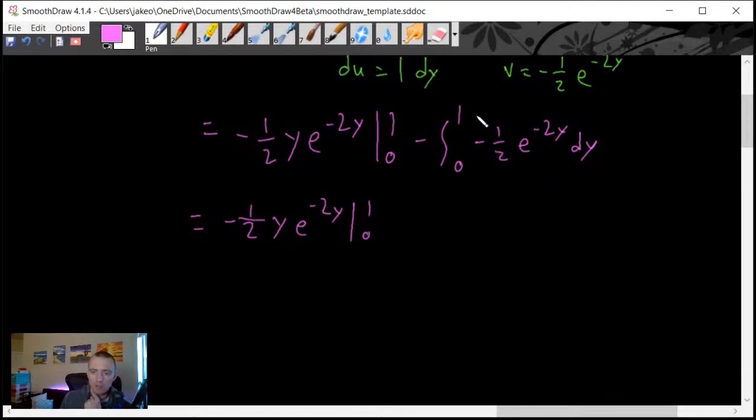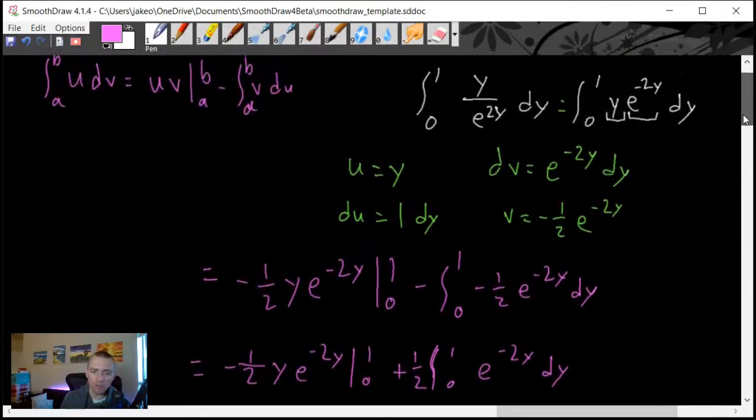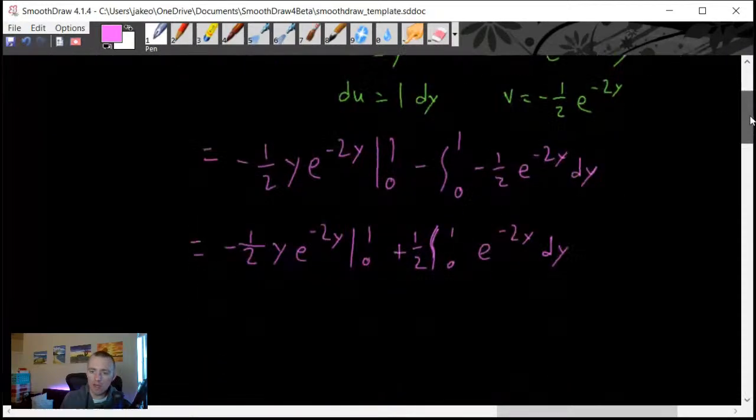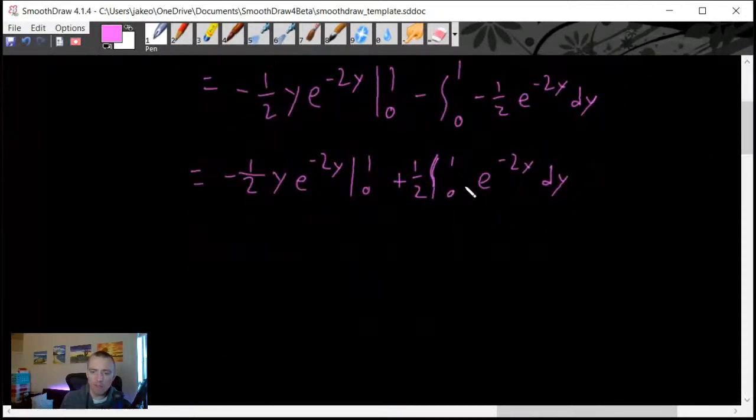If we pull out a negative 1/2, the negative from here is going to cancel with that negative there, giving us plus 1/2 times the integral from 0 to 1 of e to the negative 2y dy. So now what we've done is we've applied this integration by parts formula to kind of rewrite this original integral in a form that just requires us to find the integral of e to the negative 2y dy.